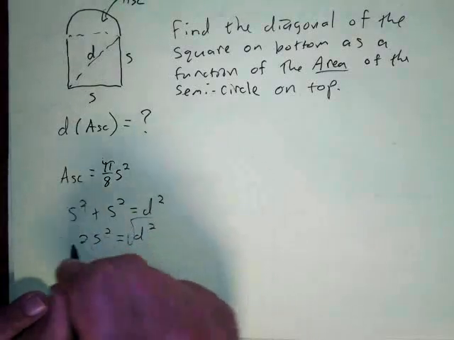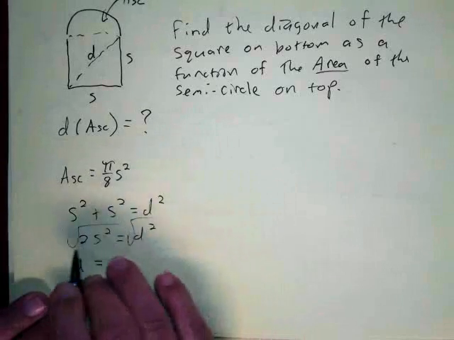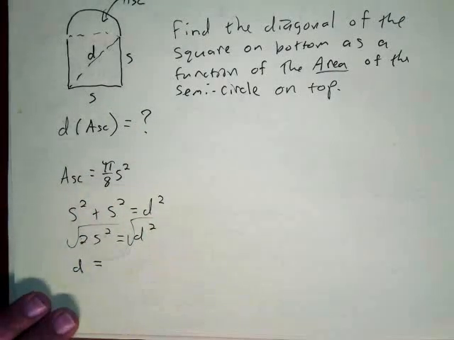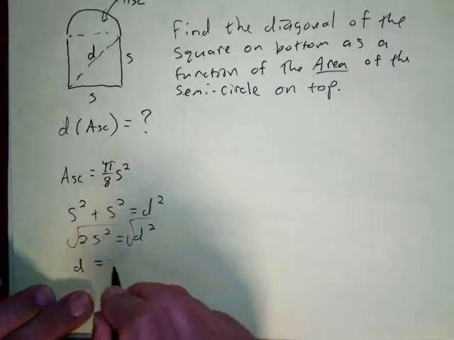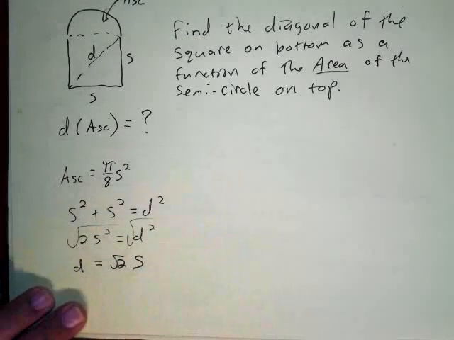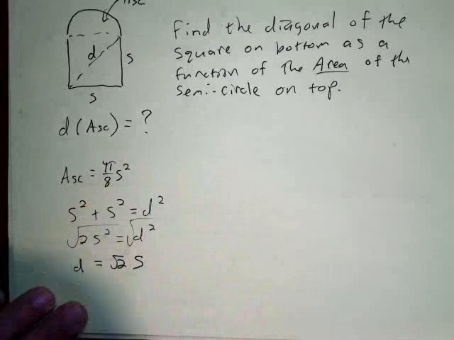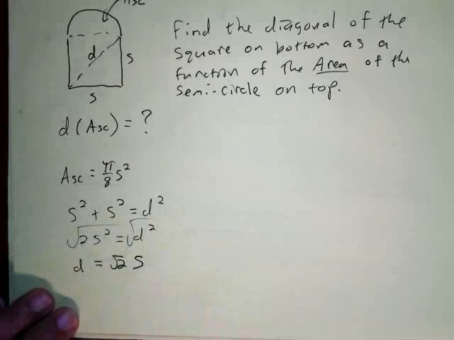And so then I could take the square root of both sides, and I'd get just the diameter here. Notice I'm just taking the positive square root because we're dealing with lengths, and lengths are always positive. But this thing reduces down to the square root of 2 times s. So the diameter in terms of s is equal to this, right?